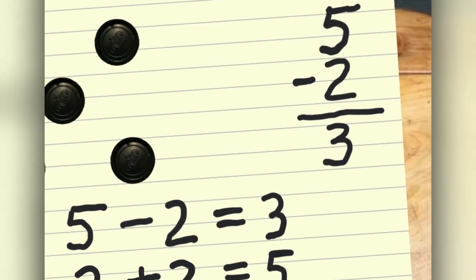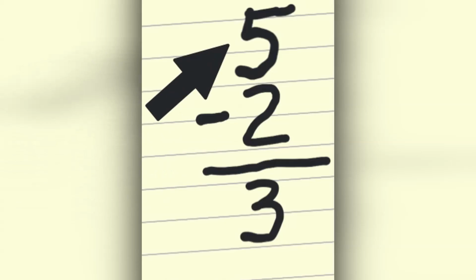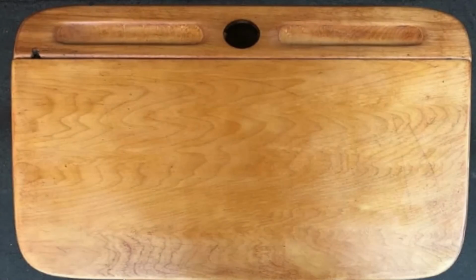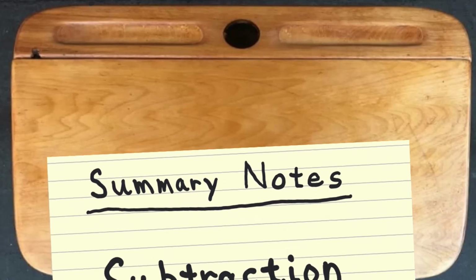Instead of using a picture, let's take a look at it using the numbers. 5 minus 2 equals 3. 3 plus 2 is 5. Okay, here are the summary notes, and remember, you can always stop the video and copy them down.